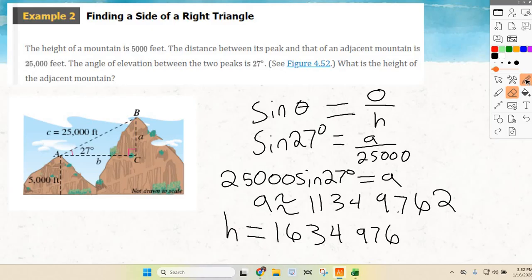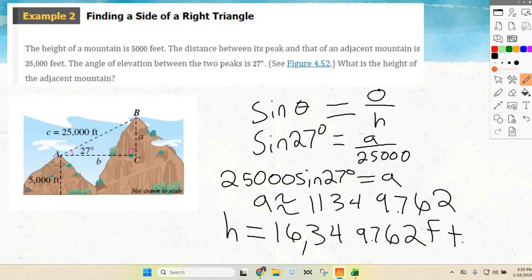Adding 5,000 gives 16,349.7. There we go. I was like, that seems too short. If the distance is 25,000, the height of the mountain should be more like that. So that will be our answer.